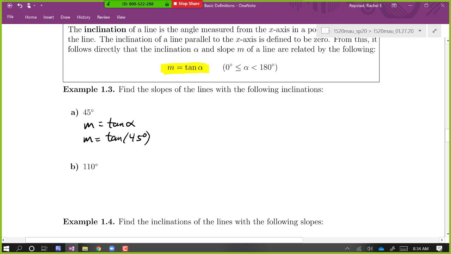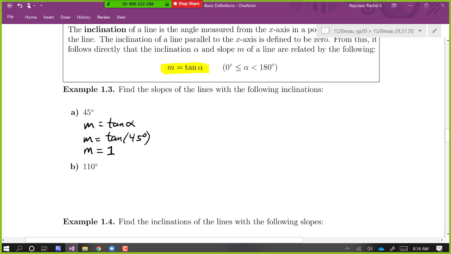Does anybody know what tangent of 45 degrees is? It's 1. Great. 45 degrees is where sine and cosine are equal to each other, so when you take their ratio, we get 1. That's a nice convenient angle.